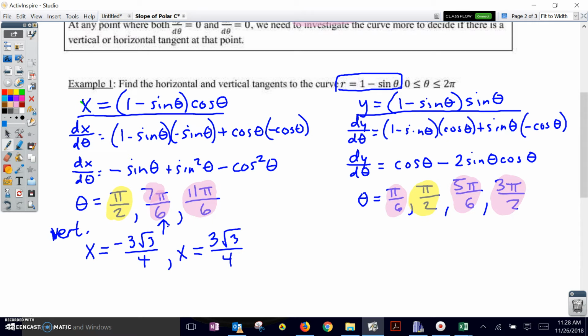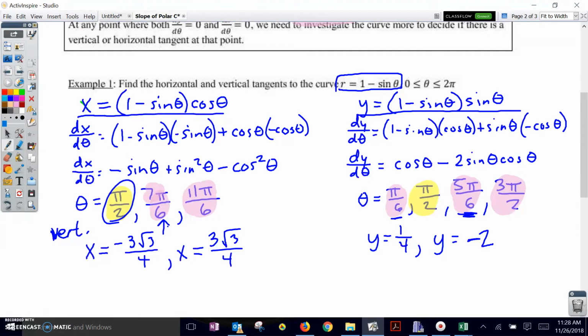Pi over 6, that's 1/2 times 1/2. So we've got y equals 1/4 for that equation. For 5 pi over 6, we've got the same horizontal line. For 3 pi over 2, the sine is negative 1. So we get y equals negative 2. So those are horizontal and vertical tangents.